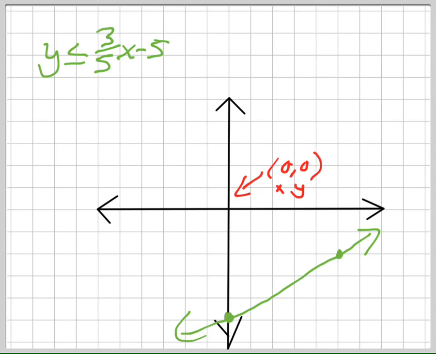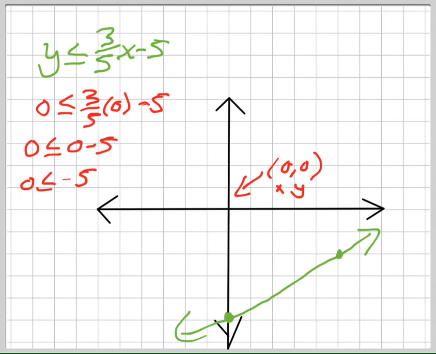So let's plug in 0, 0 to this inequality and see if it's true. 0 less than or equal to 3/5 times 0 minus 5. 3/5 times 0, we know is 0. 0 minus 5 is negative 5. Is this statement true? Is 0 less than or equal to negative 5?